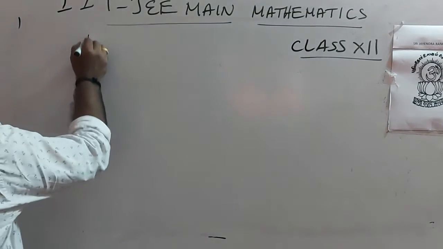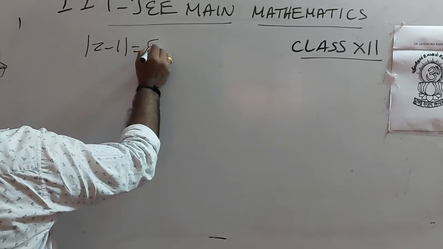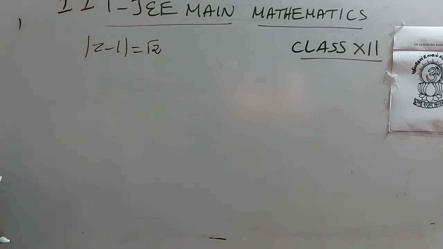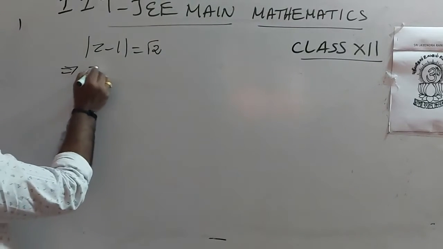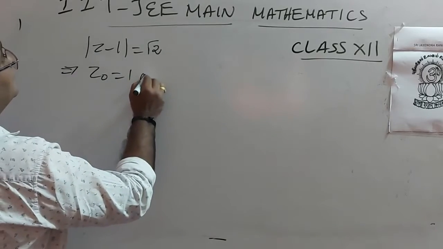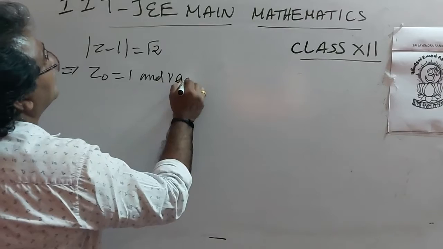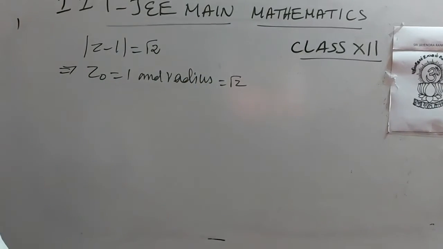So the given circle is modulus of z minus 1 equal to root 2. So this is center 1 and radius root 2 units, which means z not equal to 1 and radius equal to root 2.